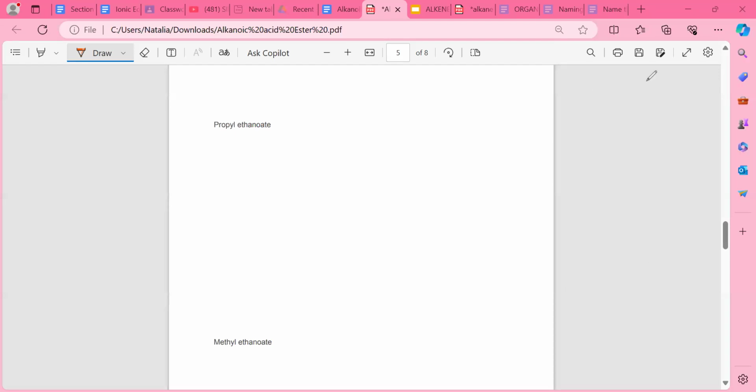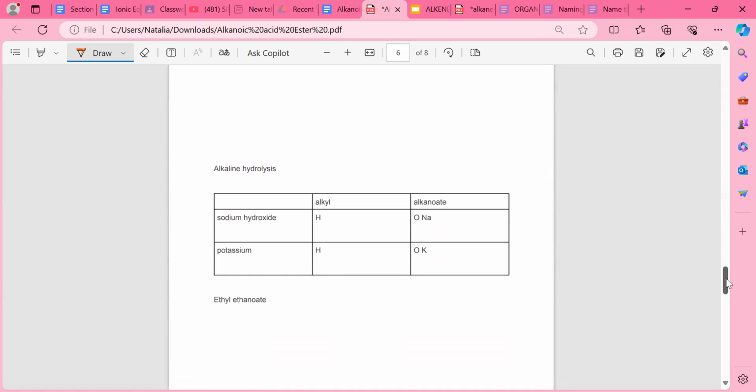So we're moving on to another type of reaction of esters, and this is another type of hydrolysis, which is called alkaline hydrolysis. So in alkaline hydrolysis, the ester is reacting with an alkali, for example, sodium hydroxide and potassium hydroxide.